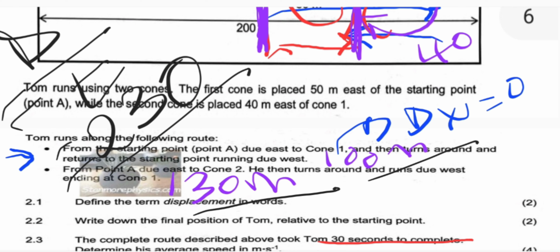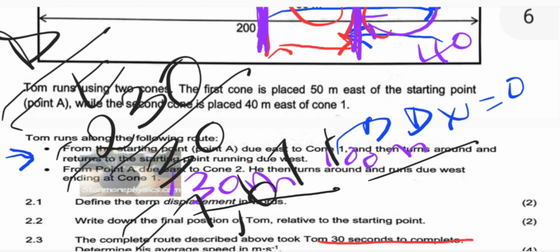You divide that 230 meters by 30 seconds and punch that into the calculator. So you have 230 divided by 30, which gives us 7.67 meters per second. We've answered the question.